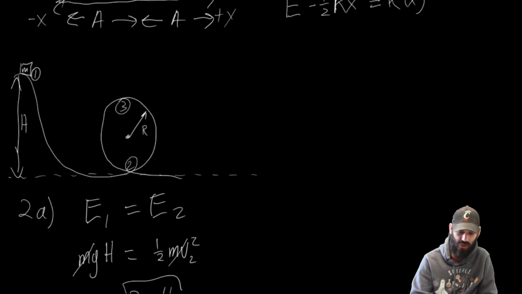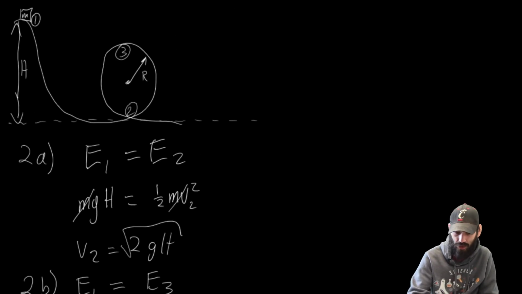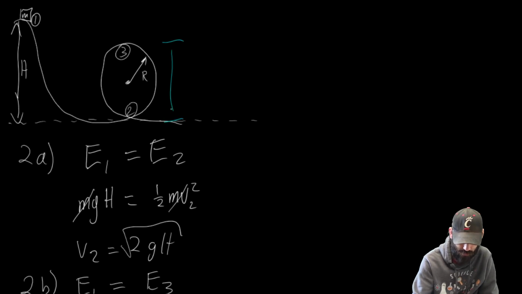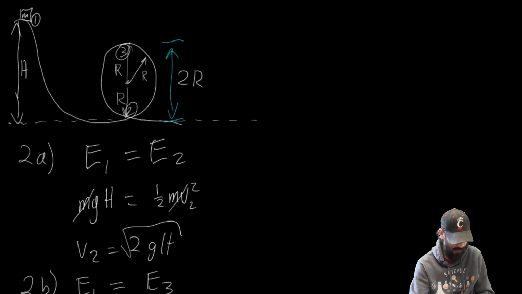Because we know that it's going to be moving here. But it also now is some height above the ground, right? So this is some height above the ground here, where this is going to be 2 times the radius, right? Because radius goes like that and that. So that's r and that's r. So we'd have double the radius here, right?